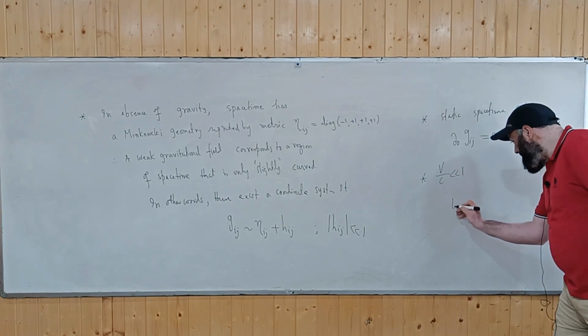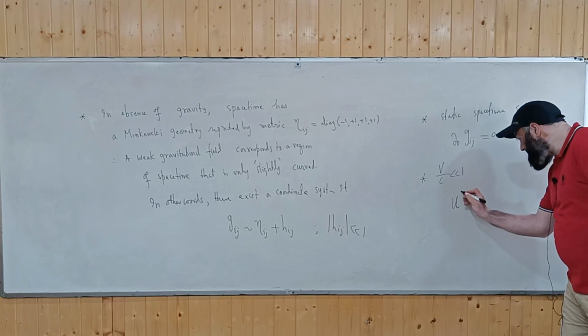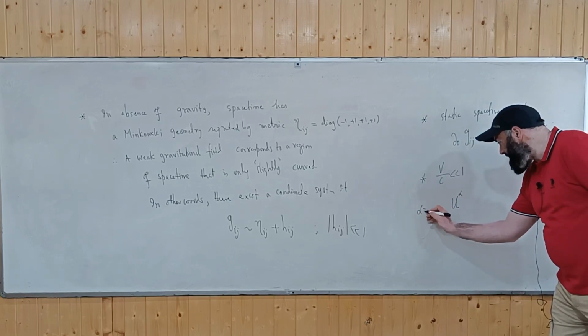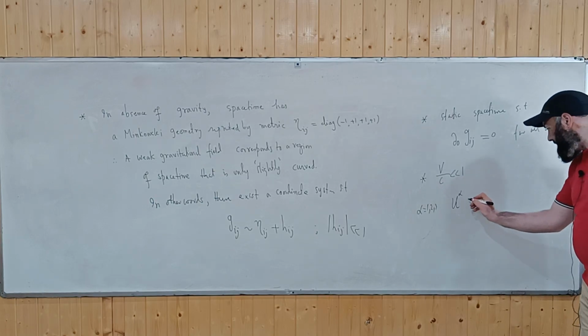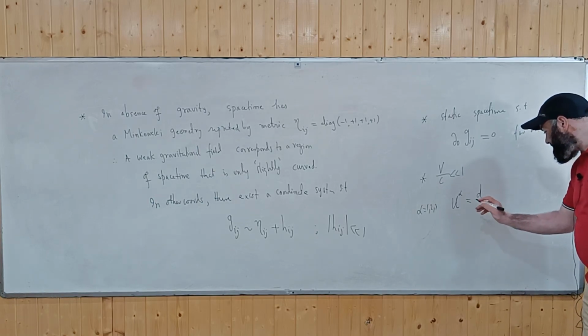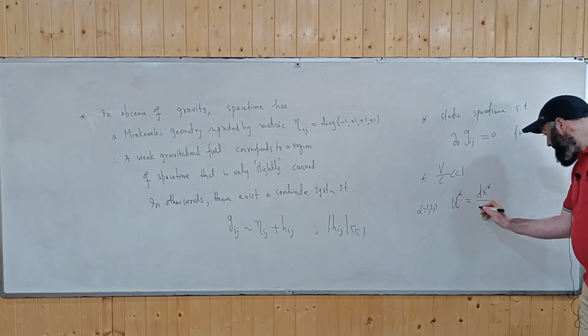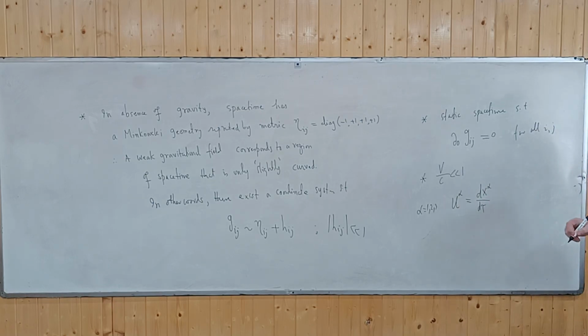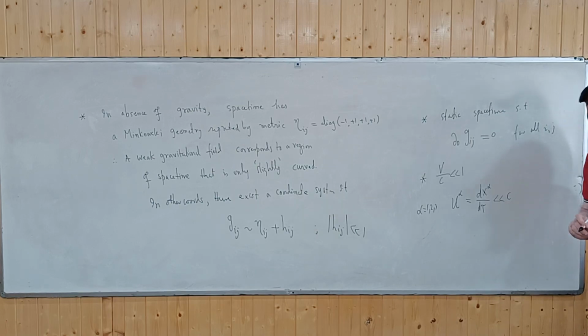So what does that mean? Let's say u is the velocity of the particle. Let me write the spatial components, so alpha is equal to 1, 2, 3. These are the spatial components of the velocity. It is defined like this: dx alpha by d tau. This is how we define the spatial components. So this should be less than c.